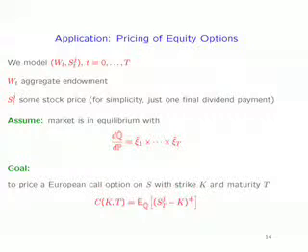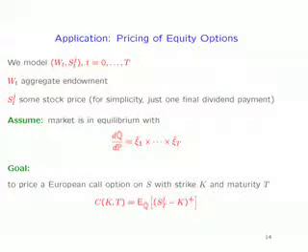So what I'm going to do here is take the simplest model that you can possibly think of. I want to price an option, for example, a call option. I don't really need to do that because these options are traded, but I just want to see how well this approach works. So I'm going to specify a model for the aggregate market endowment W_T and one particular stock, IBM stock, for example, S^J_T.